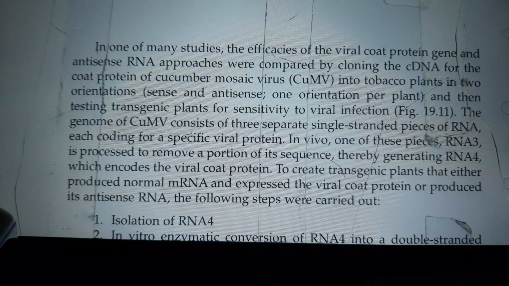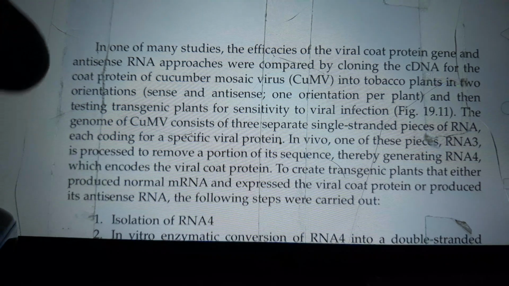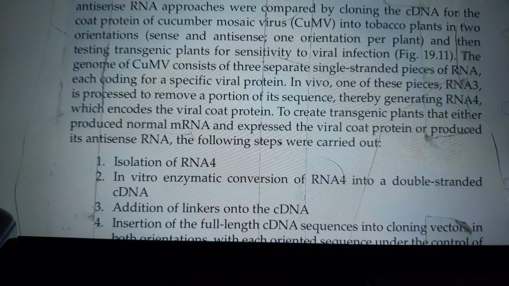In one of many studies, the efficacies of the viral coat protein gene and antisense RNA approaches were compared by cloning the cDNA for the coat protein of cucumber mosaic virus, CMV, into tobacco plants in two orientations, sense and antisense, one orientation per plant, and then testing transgenic plants for sensitivity to viral infection.